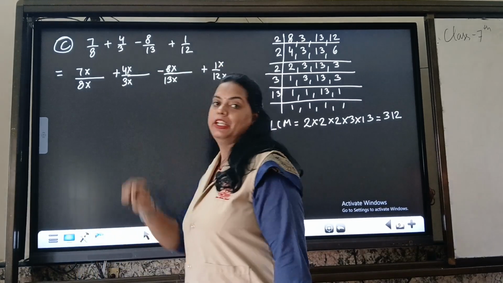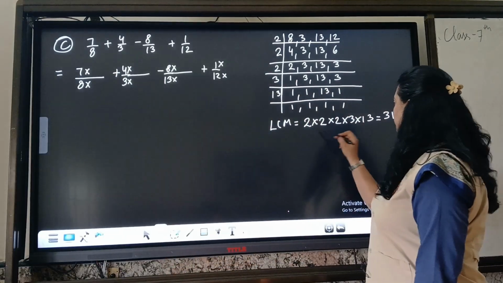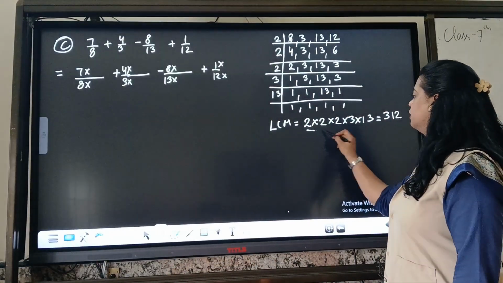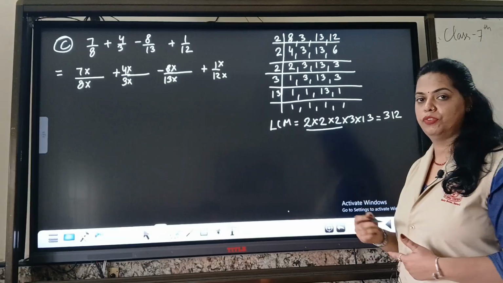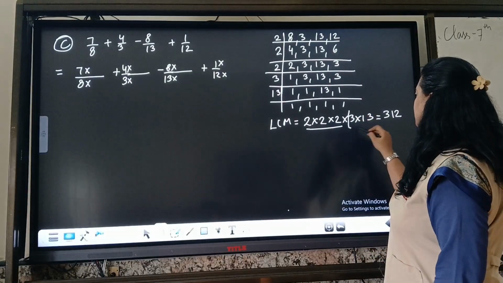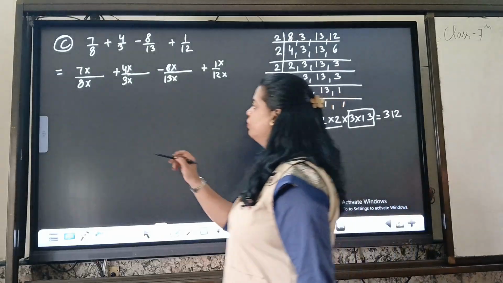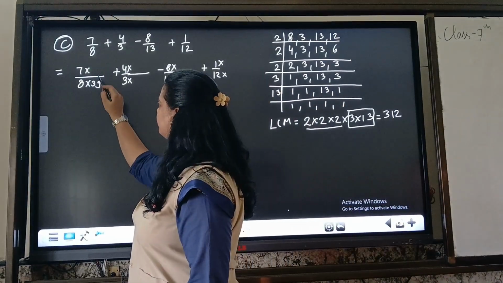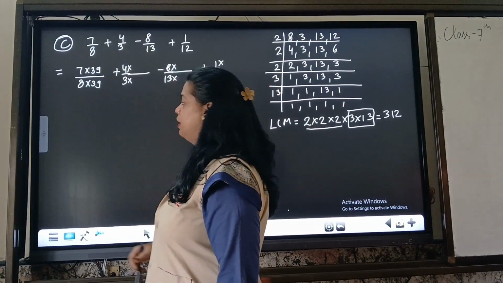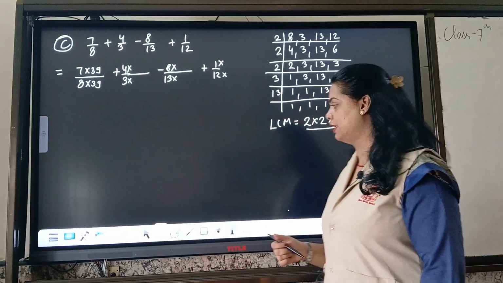Here the denominator is 8. So which of the factors is giving you 8? It is 2, 2 2s are 4, 4 2s are 8. So which one is not in use? It is 13 into 3. 13 3s are 39. So we will take 39 with the numerator and denominator by using the equivalent fraction method.